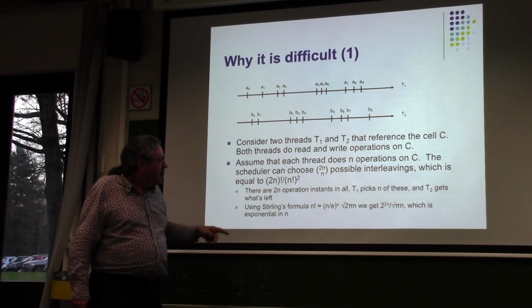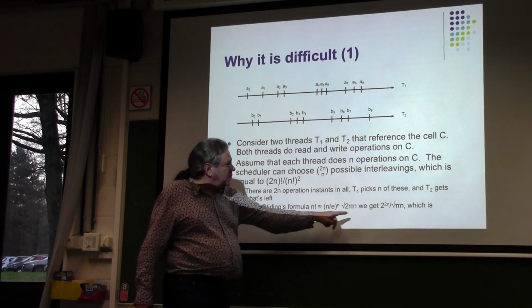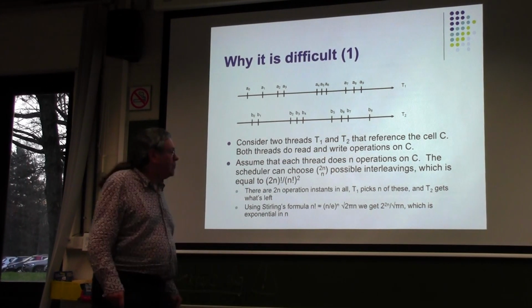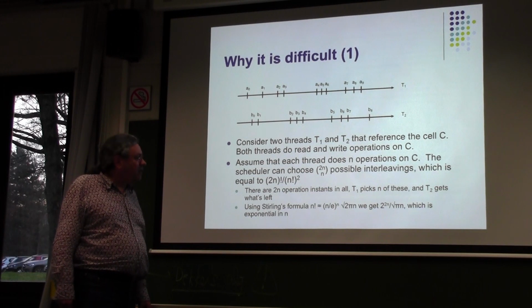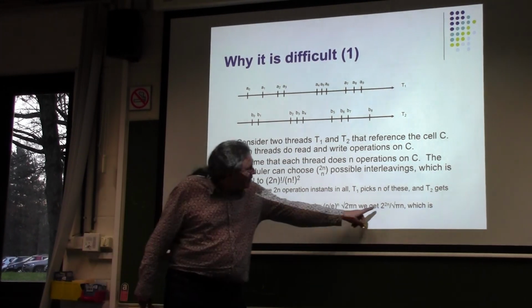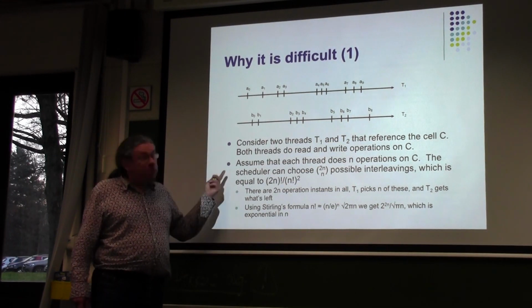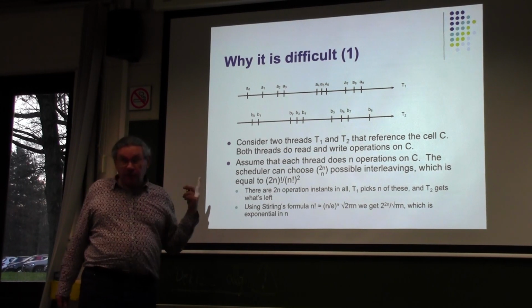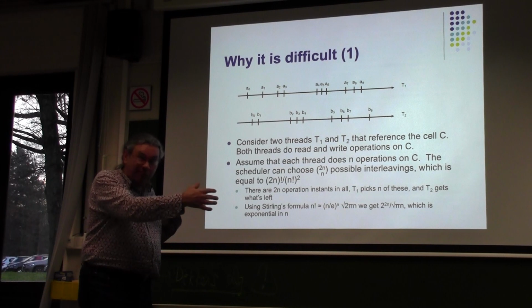That's good enough. If we fill this in, this number is approximately 2 to the power 2n over the square root of pi n. The square root of pi n does not go up very fast when n increases. But here we have this little n in the exponent, 2 to the power 2n. So this is exponential in n. So the number of possible interleavings for a program that is running, the longer it runs, the more you have.